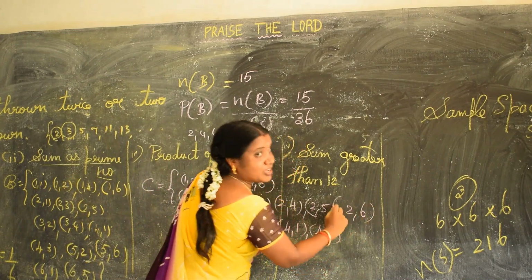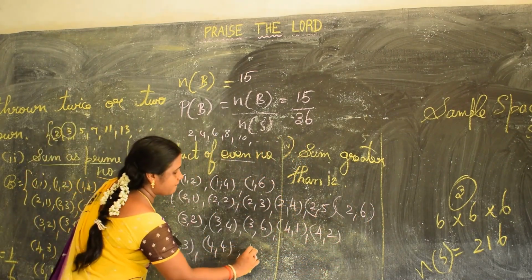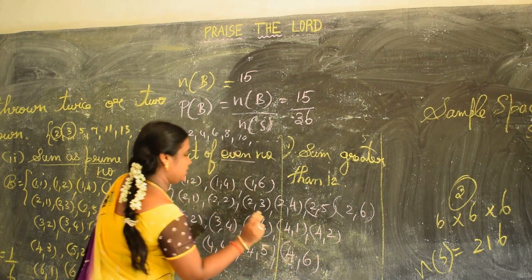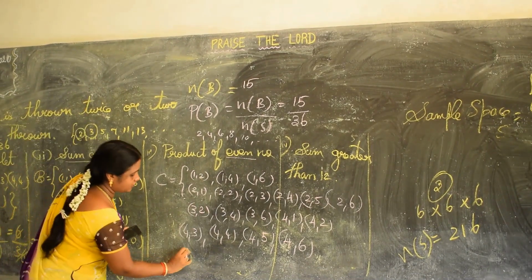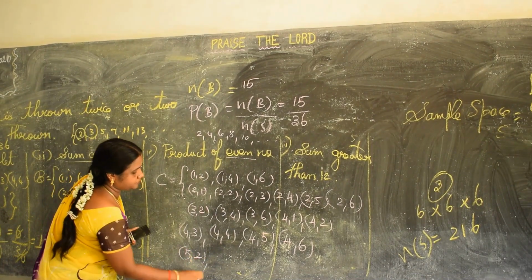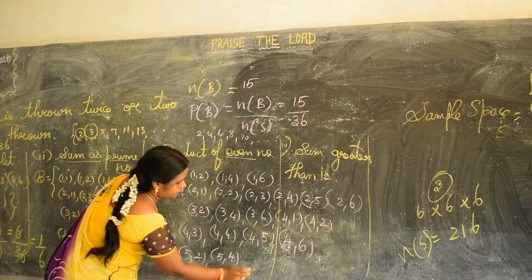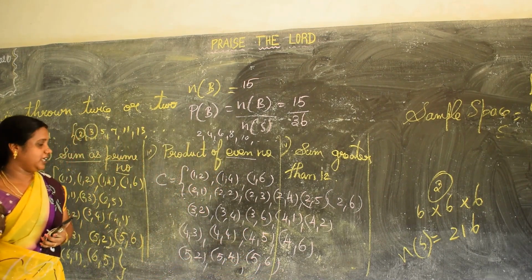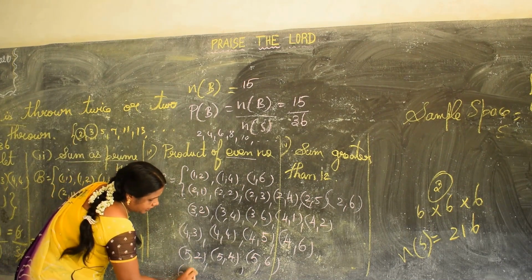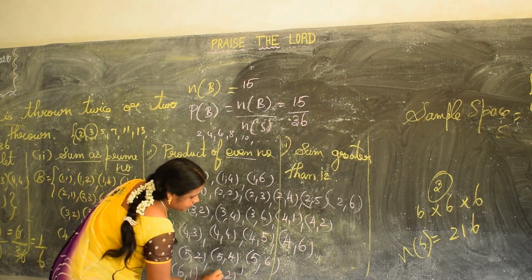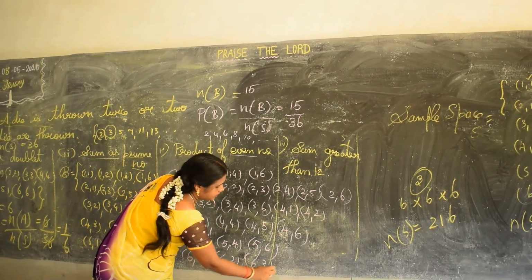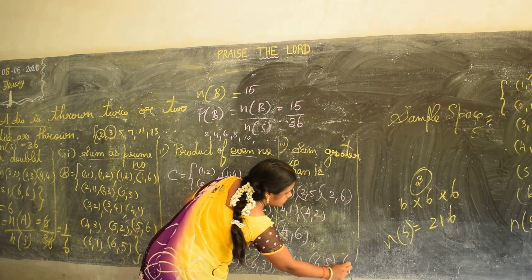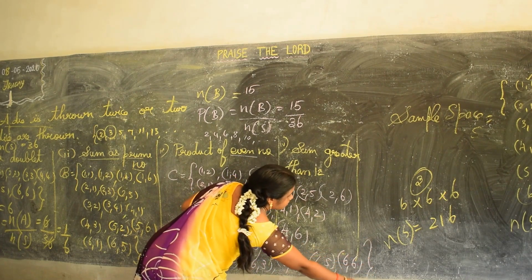Next in the fifth row, you can write only 5, 2, 5, 4, 5, 6. These are all even. In the last row, you write all: 6, 1, 6, 2, 6, 3, 6, 4, 6, 5, 6, 6. That's all.